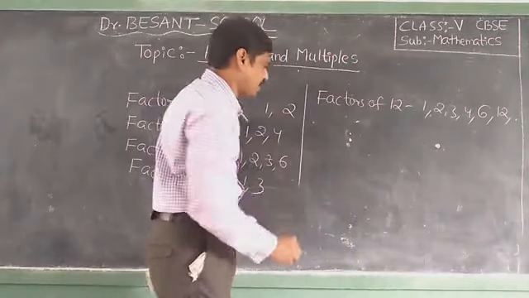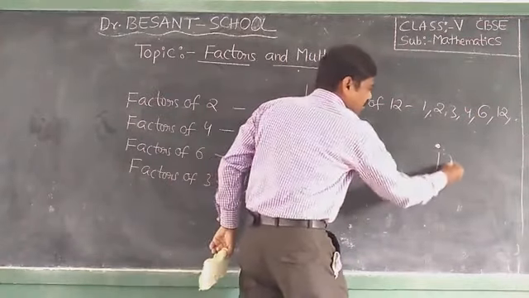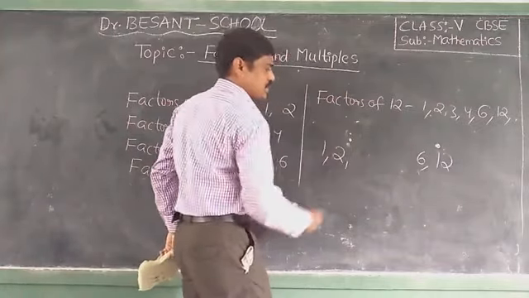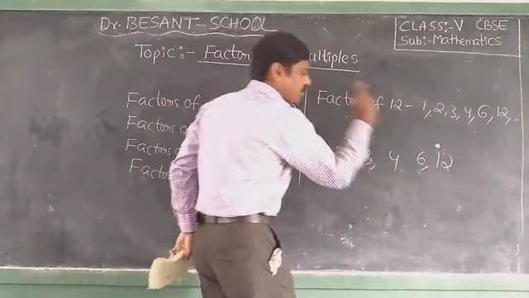Like this, a simple method. 1 12 is 12, 2 6 is 12, 3 4 is 12.